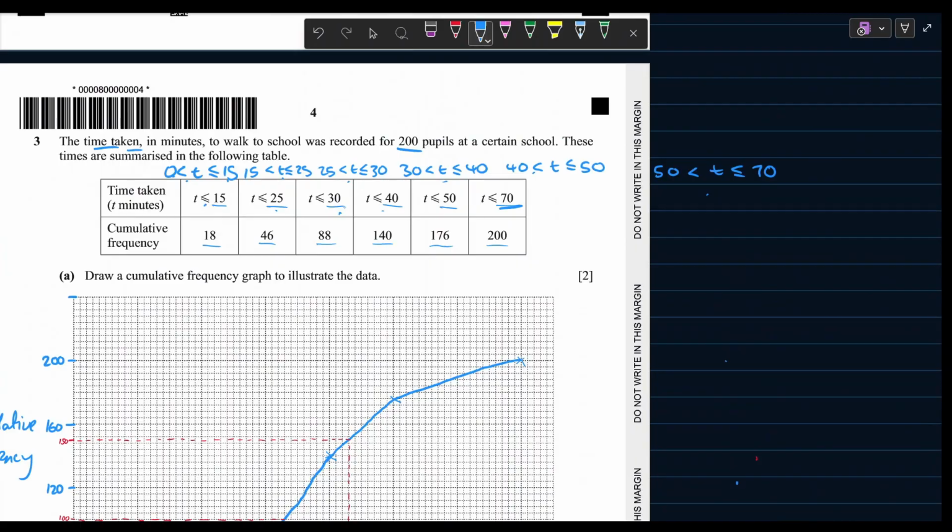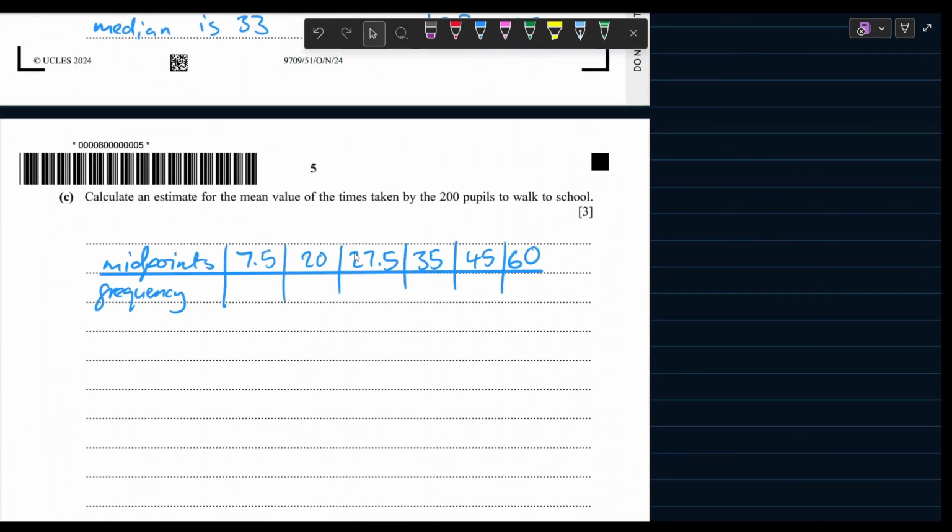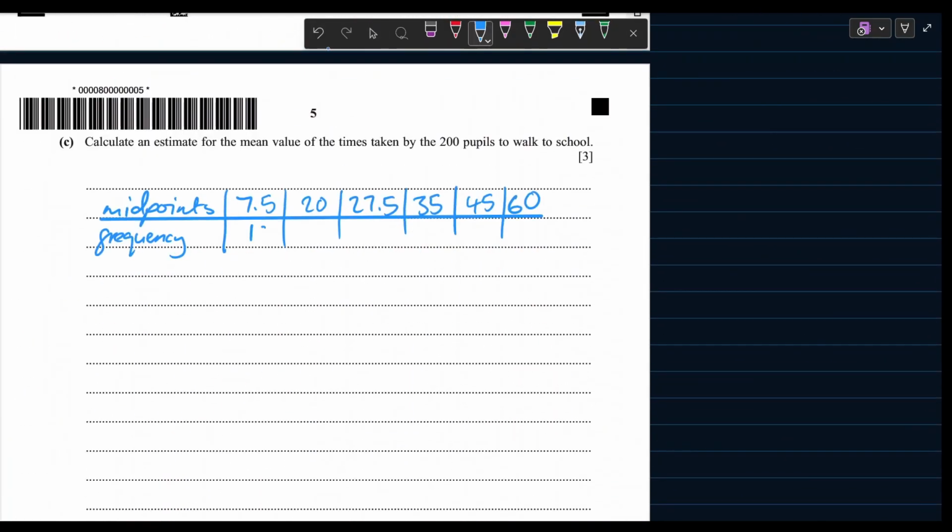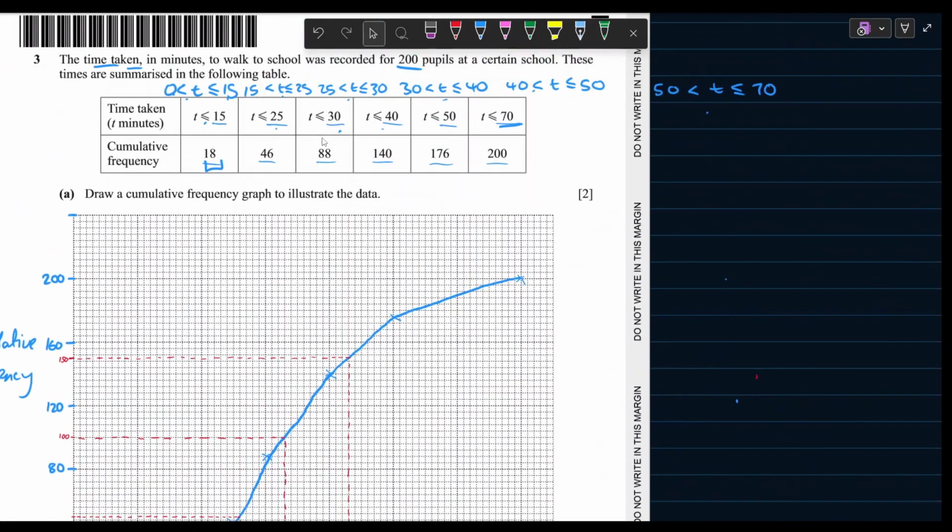Okay, so we've got cumulative frequency. For the first class, the cumulative frequency is the same as the frequency. So that's just going to be 18. And then for the second class, remember cumulative frequency is just the total frequencies up to that class.